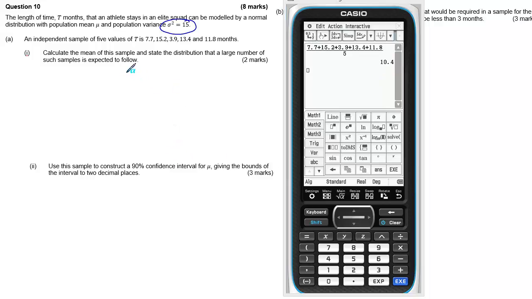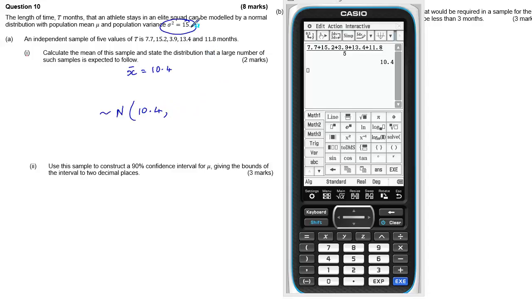So the sample mean, so let's call it x bar, is 10.4. And so we can say that that's going to follow a normal distribution and the population mean would be the same.